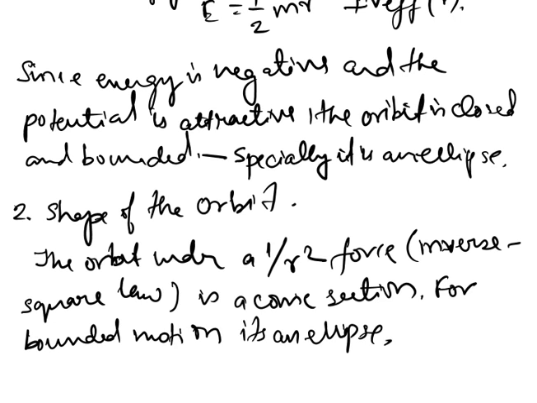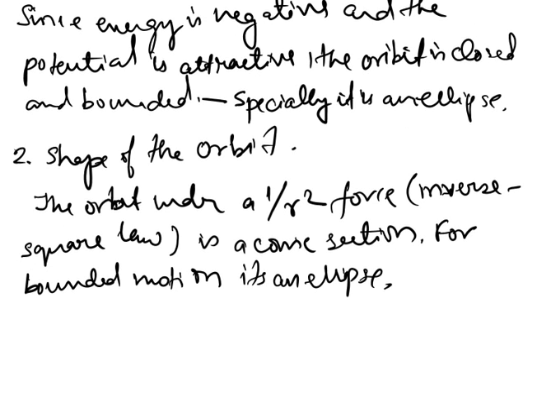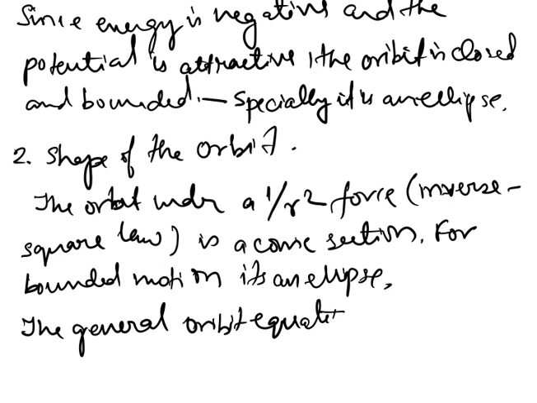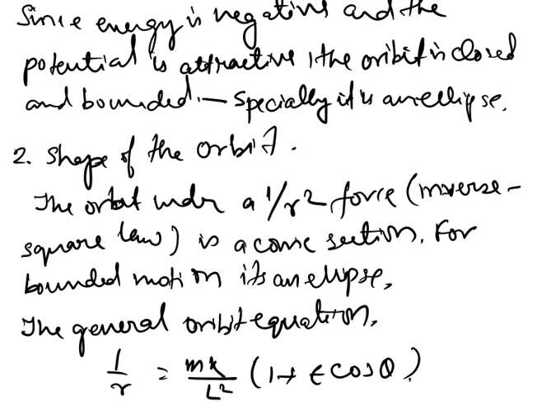So the general orbit equation can be written as 1 by r equal to mk by L square into 1 plus epsilon cos theta.